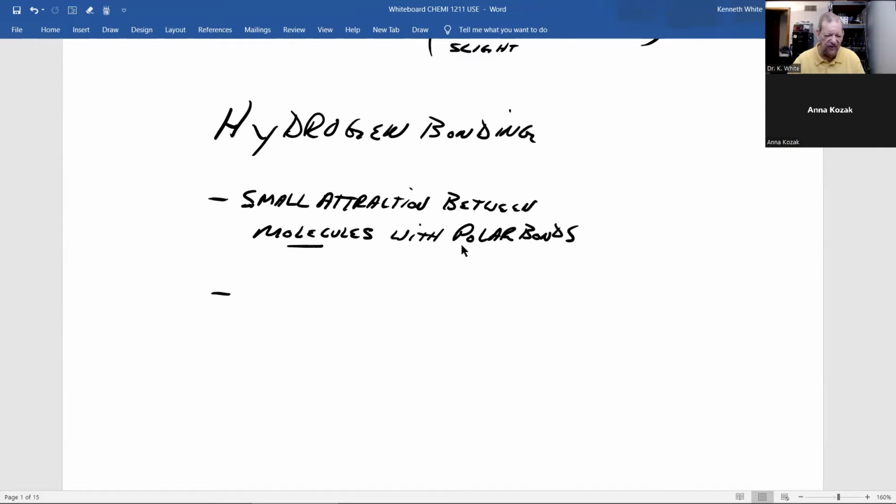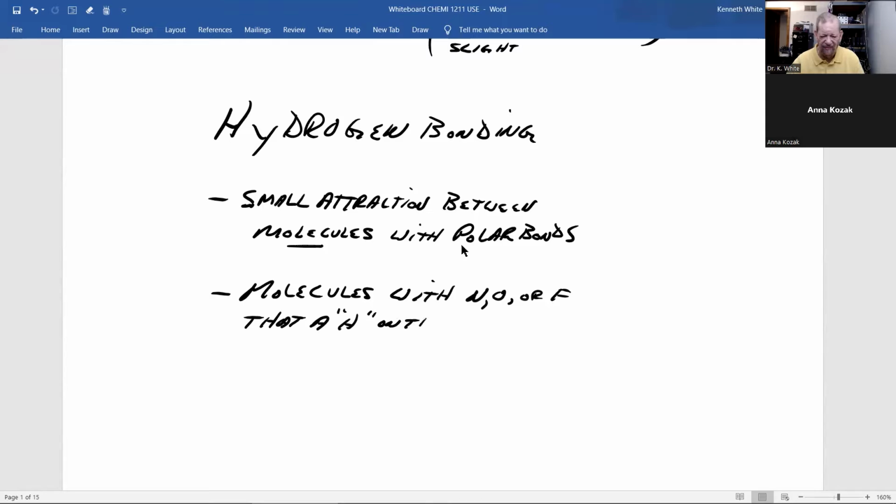What this means is molecules with nitrogen, oxygen, or fluorine that have a hydrogen on them can hydrogen bond.